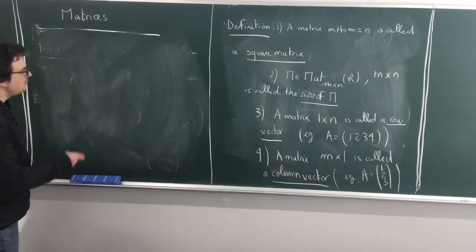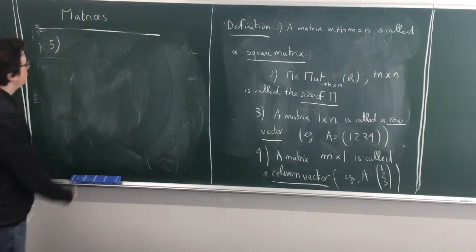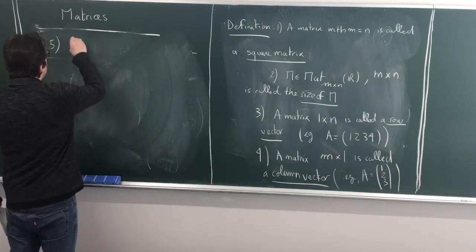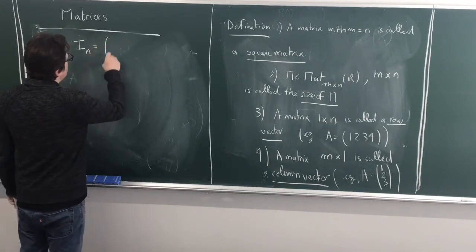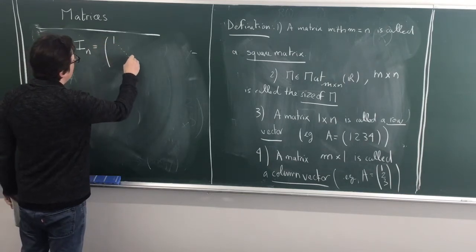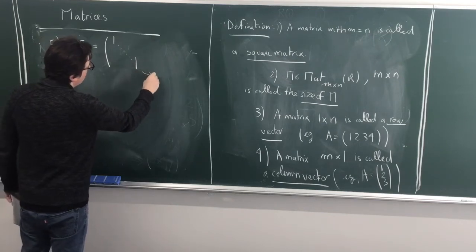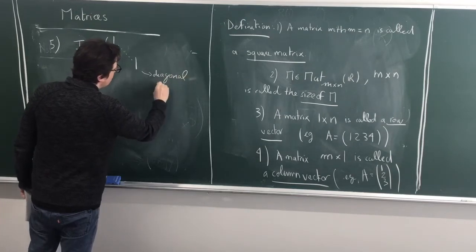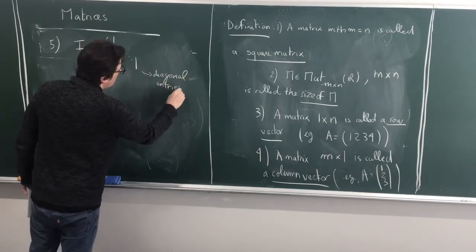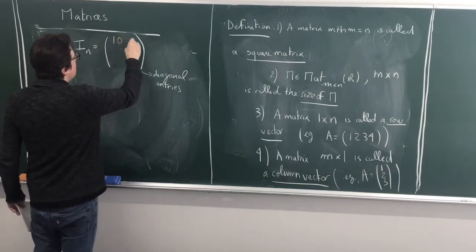Also, maybe I want to define some very special matrices. We denote I_n the matrix with, on the diagonal, which are called the diagonal entries, we will put only 1. And then, just after, we will have only zeros.